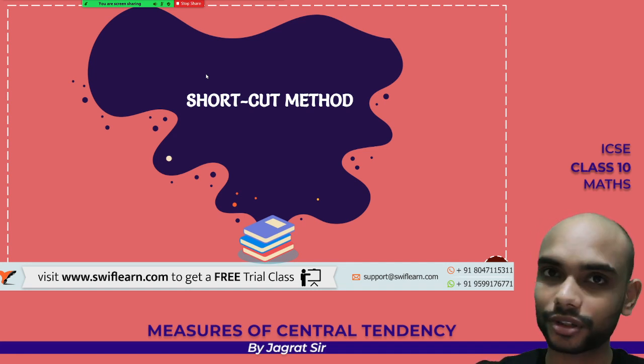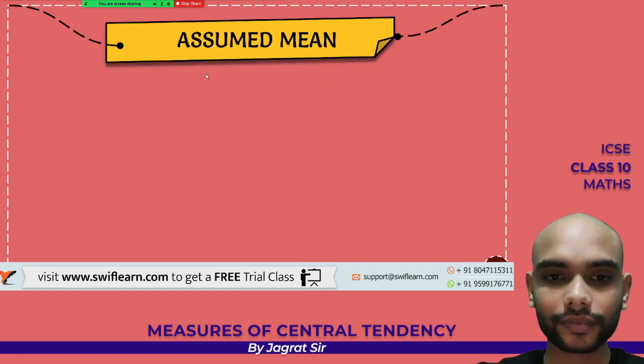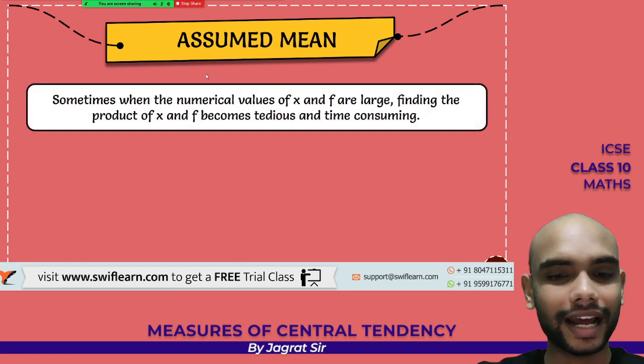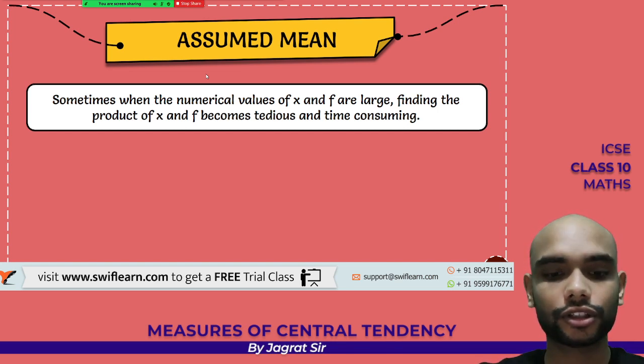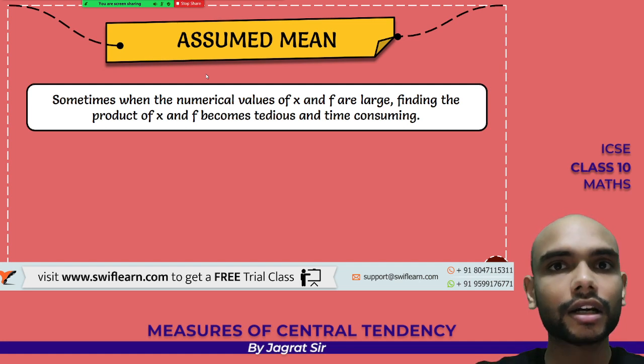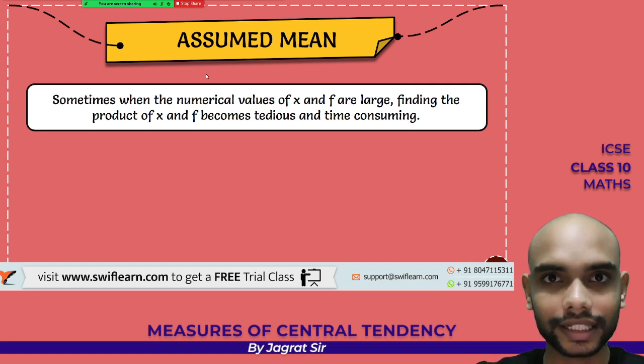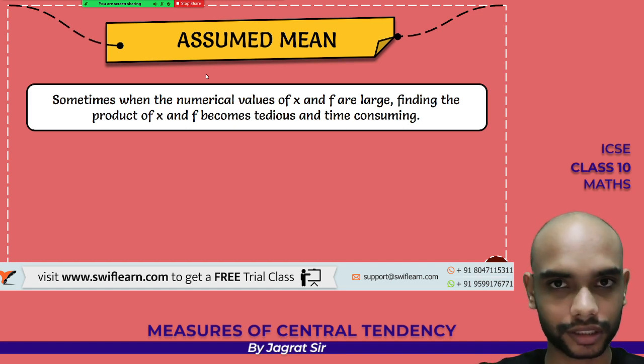So now moving on to the shortcut method. This time we will use the assumed mean. I already told you, if the question doesn't specify the assumed mean, shortcut method or step deviation method, work according to your understanding. If the x values are bigger, go for the shortcut method.